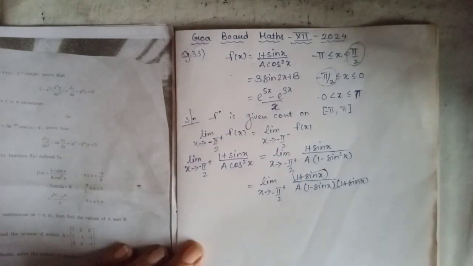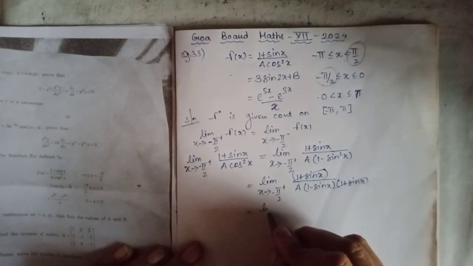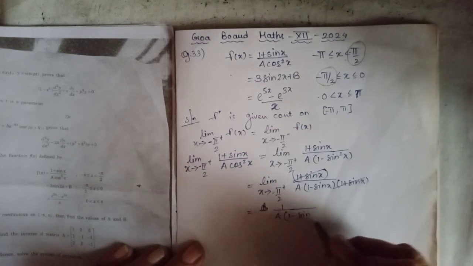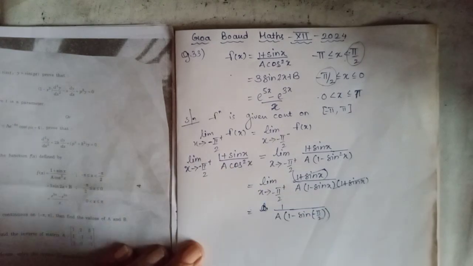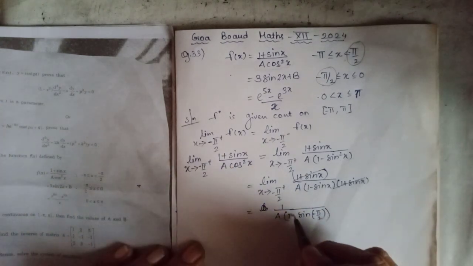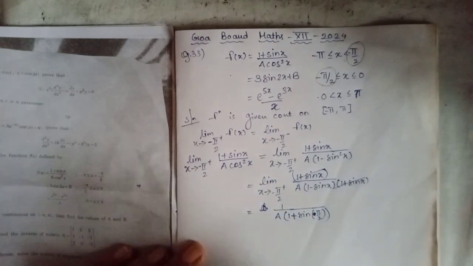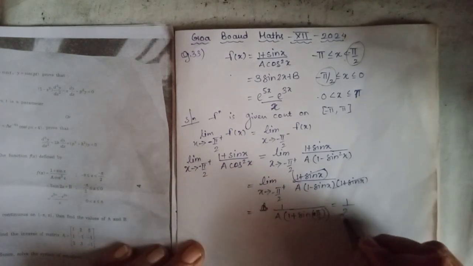So this gets cancelled, then putting the value, 1 minus sine of minus pi by 2, so sine of minus pi by 2 is minus sine pi by 2, so this becomes plus, and sine of pi by 2 is 1, so this is 1 upon 2a.